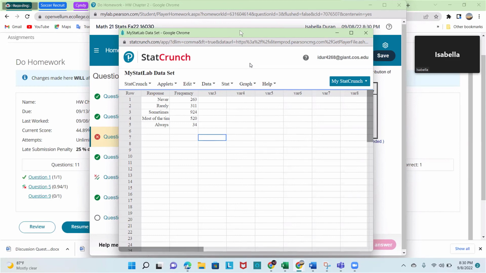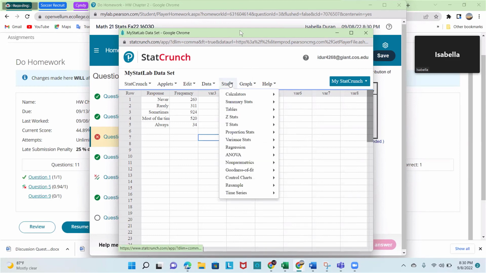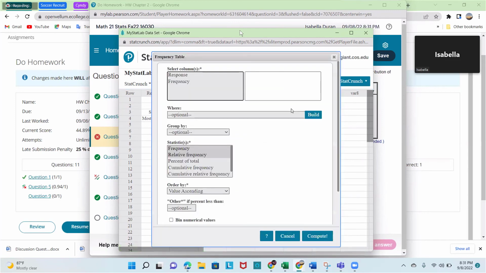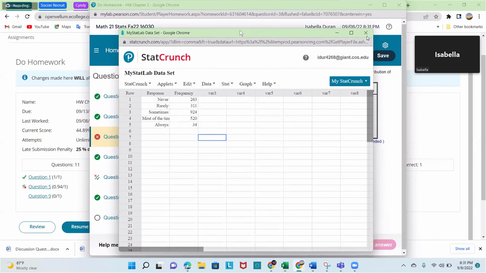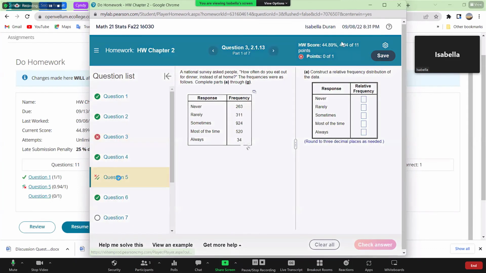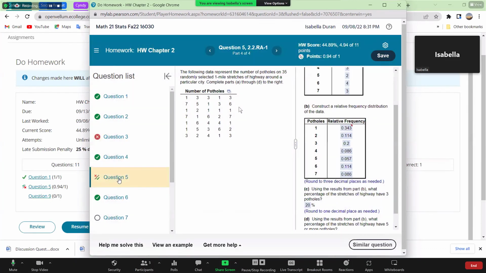Go to tables. Let's see if tables works. Frequency. Nope, it's not. You're going to have to do this by hand. Yeah, you have to add it up. Add up the total.